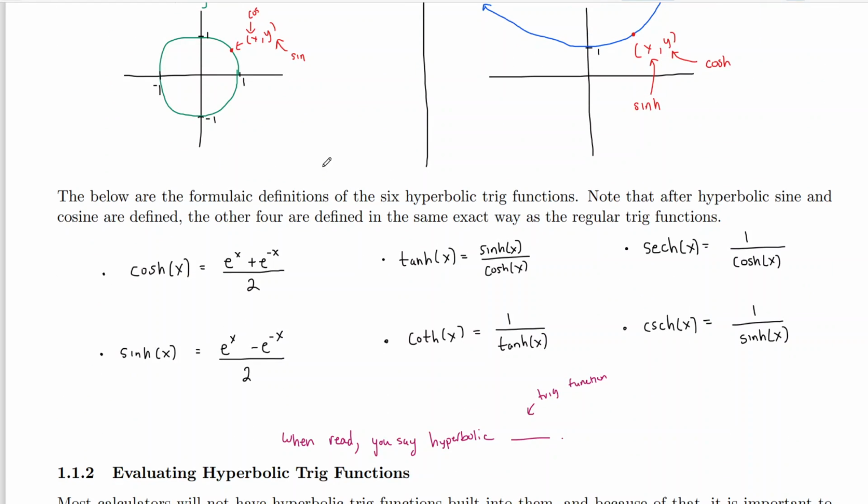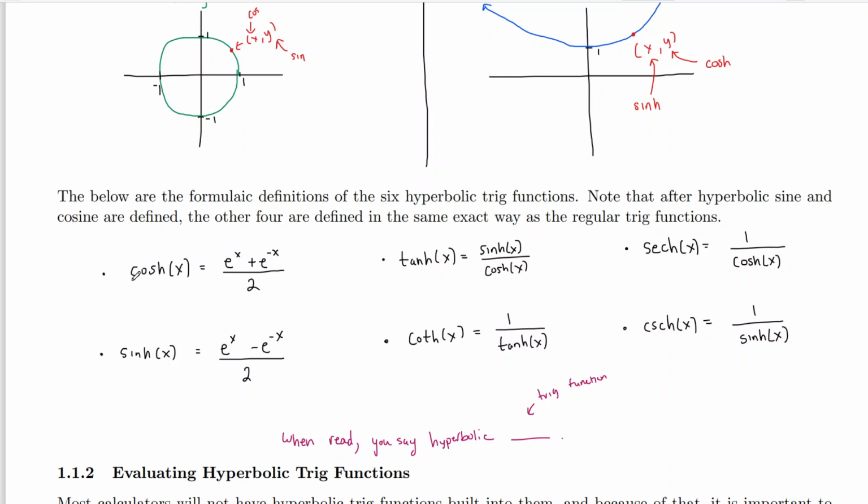All right, so below I have the actual formulas. If you're talking about the hyperbolic cosine function, hyperbolic sine function, and so on, you actually can derive a formula for them, and it's in terms of exponential functions. What I'll do is I'll also graph the hyperbolic sine and hyperbolic cosine just so you can see that.